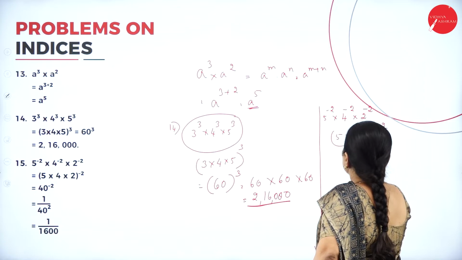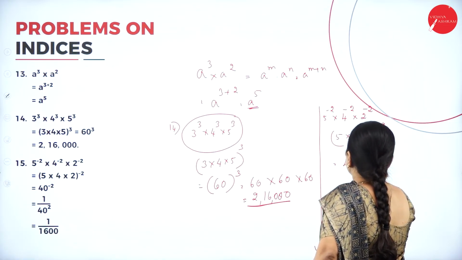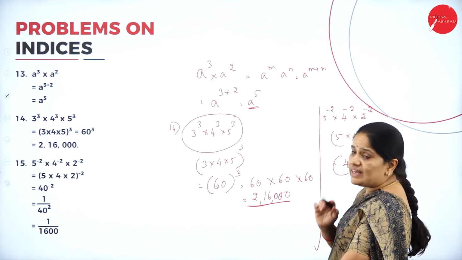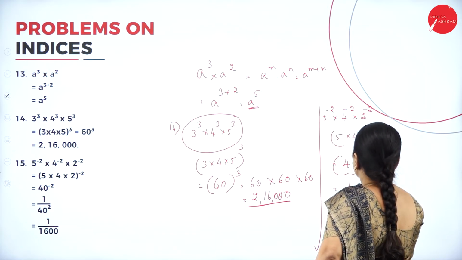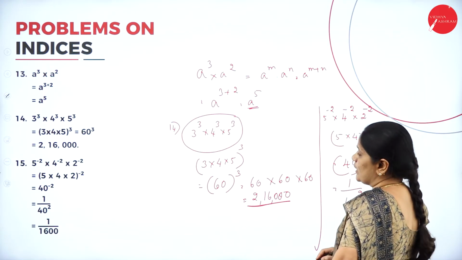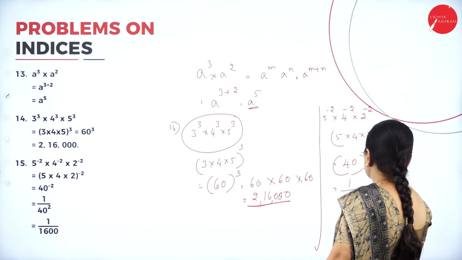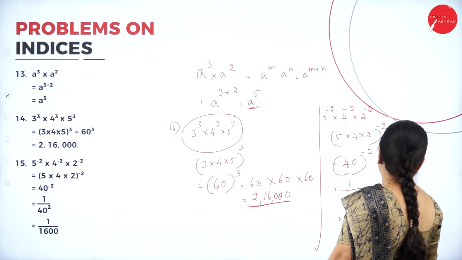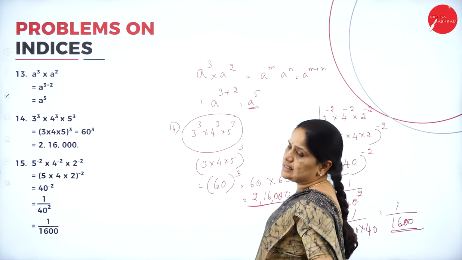So, 5 fours are 20, 20 into 2, 40. So, this will be equal to 40 to the power of minus 2. So, whenever there is a negative sign, I will write it as 40 to the power whole square. So, this will be equal to 1 by 40 into 40. So, this will be equal to 1 by 1600. So, this is the answer.